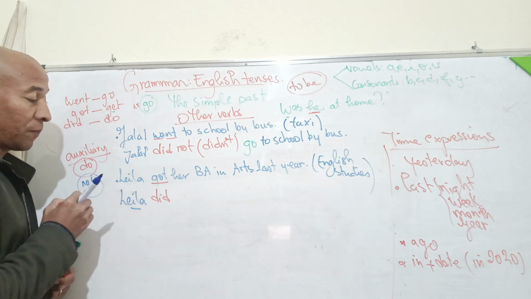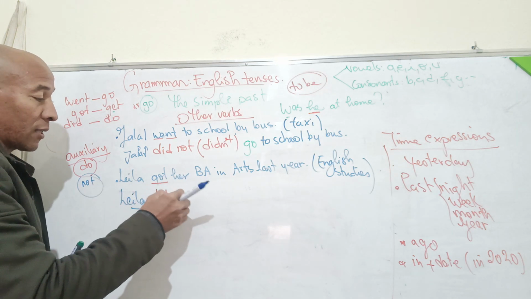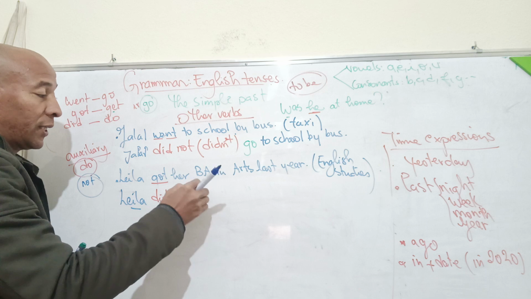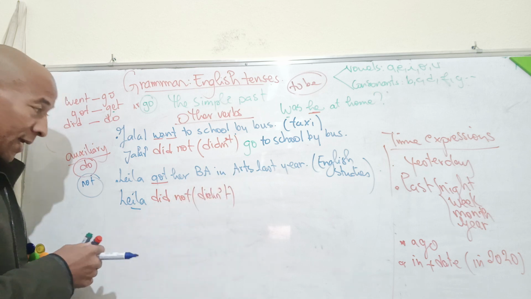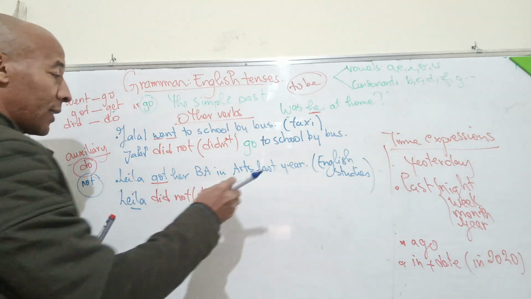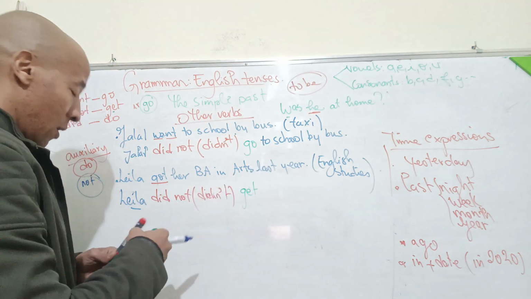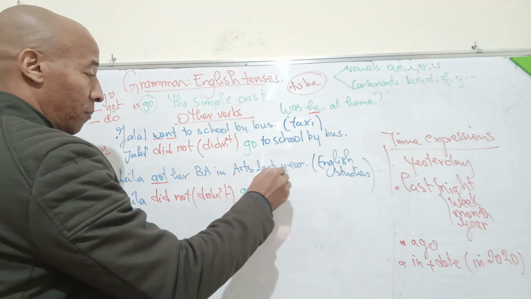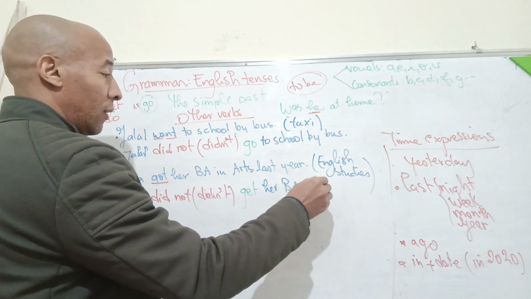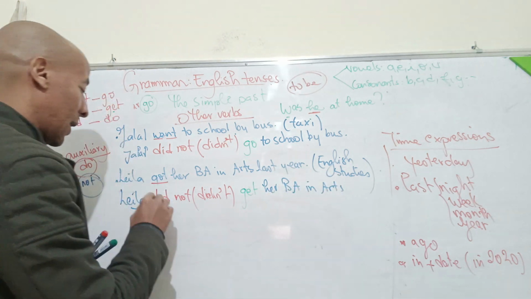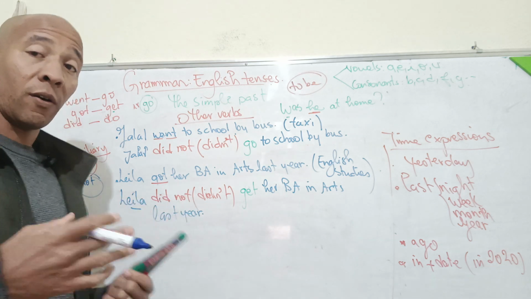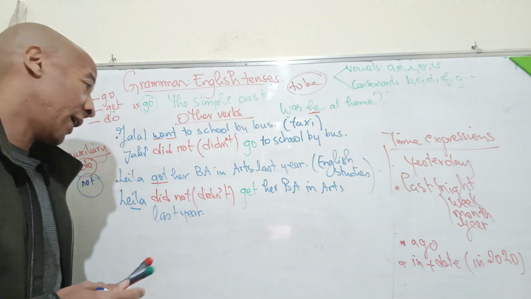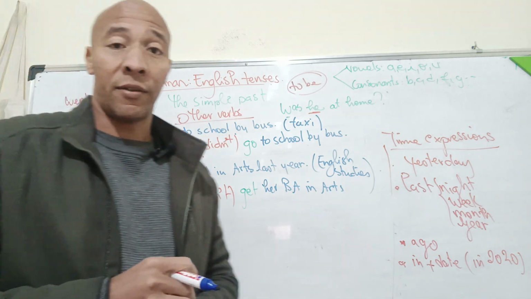Did, right? Did not or didn't, the short form. So Leila didn't get her BA in arts last year. She got her BA in English studies, right?